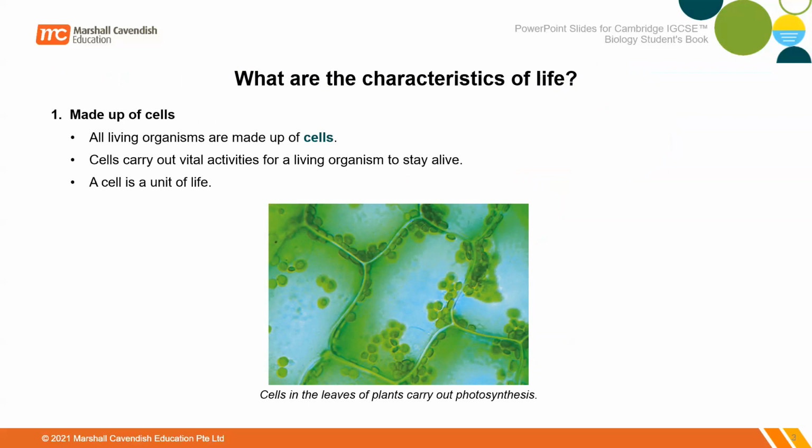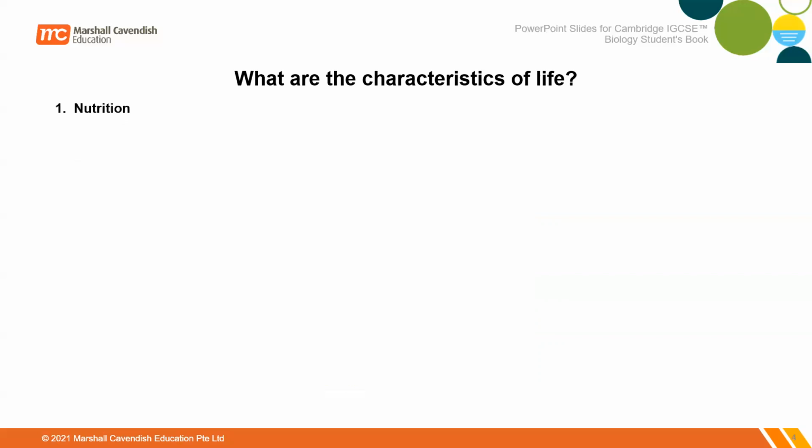But definitely, a cell is the basic unit of structure and function for all living organisms. We cannot talk about any organism, is it living or non-living, unless we realize that this organism is made up of cells. The first characteristic of life is nutrition.